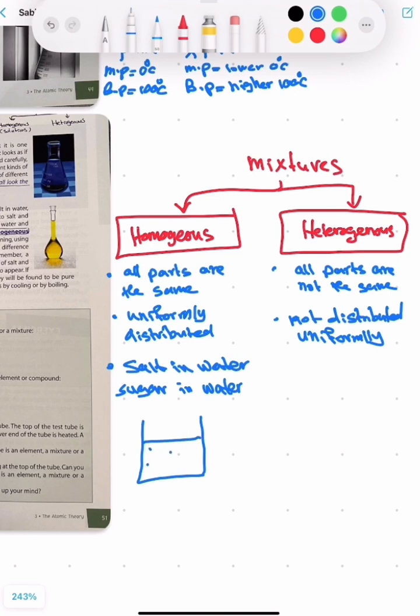And the particles of salt, Na and Cl, will spread out in the entire container uniformly. What does that mean? If I take a sample of this solution from here, another sample from here and another one from here, look, all parts are the same thing. All of them will have the same amount of, let's say, saltiness.